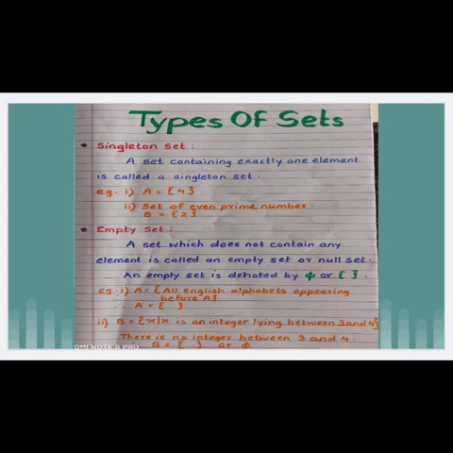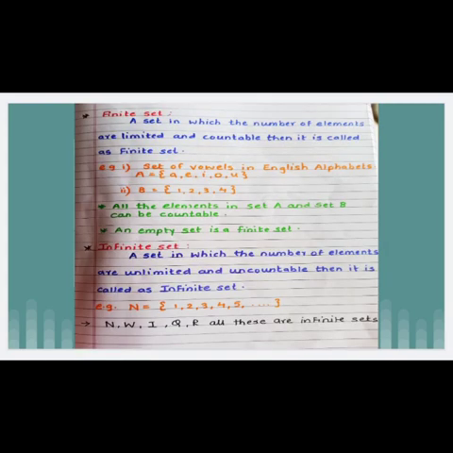Next type, finite set. A set in which the number of elements is limited and countable is called a finite set. First example, set of vowels in English alphabets.